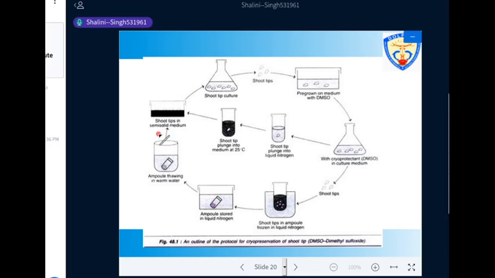Here, the shoot tips which are present in semi-solid medium are plunged into medium at 25 degrees centigrade, then the shoot tips are plunged into liquid nitrogen, and there are shoot tips in ampules which are frozen in liquid nitrogen. They are stored in liquid nitrogen, and whenever required, this ampule is taken out, thawing is done, and then we have these shoot tips on semi-solid medium.